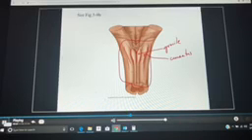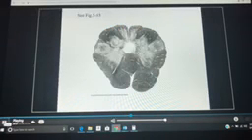So here's a cross section showing you the medulla oblongata, showing you the nuclei of those tubercles. So here's your nuclei gracilis and your nuclei cuneatus.